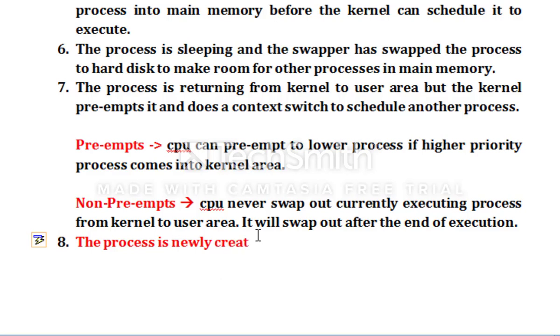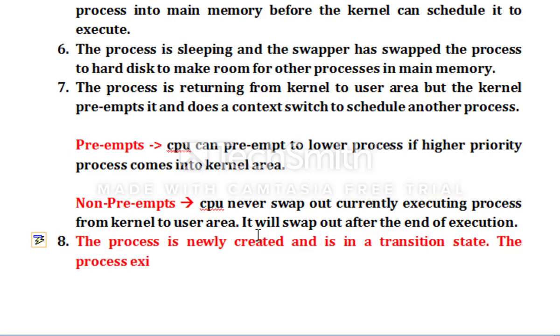So step 8: the process is newly created and is in a transition state. The process exists but it is not ready to run, nor is it sleeping.